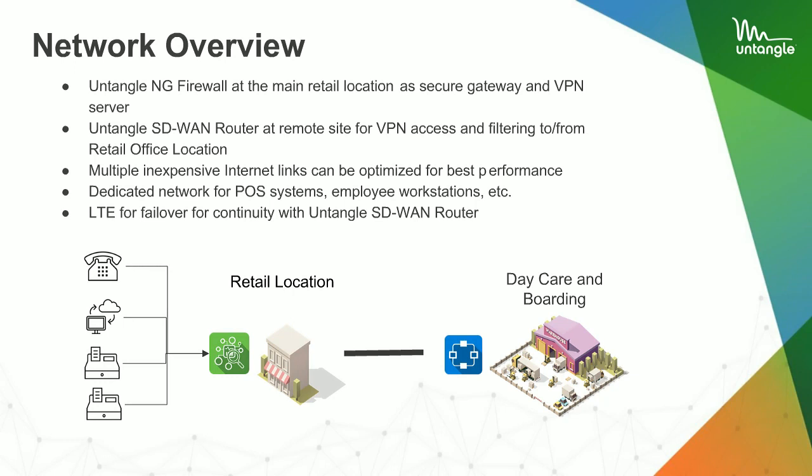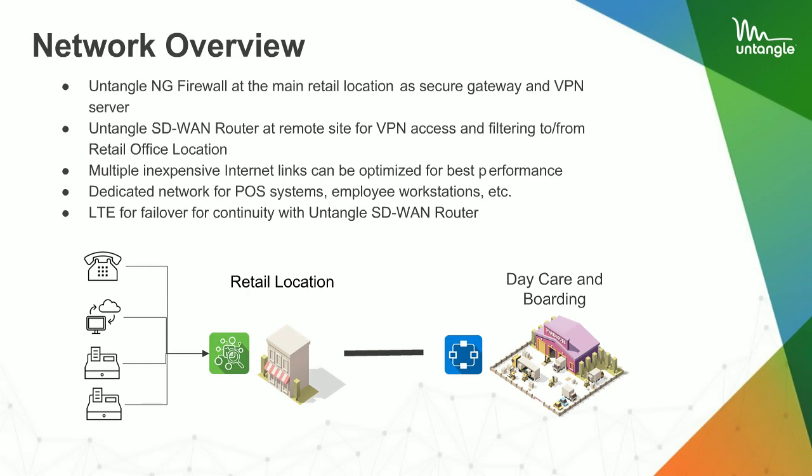You also can set up dedicated network infrastructure for the point-of-sale systems, a separate one for employee workstations, or however you need to have it configured. And then all of those would have access to whatever services are needed, whether it's out on the internet or back at the home office.